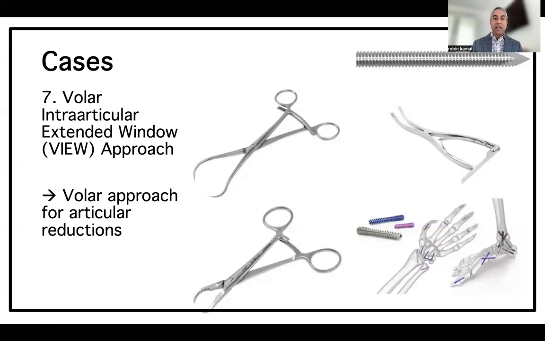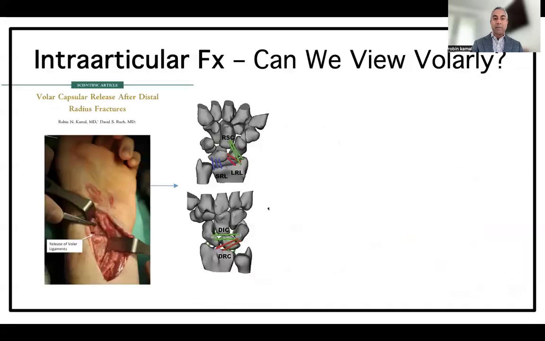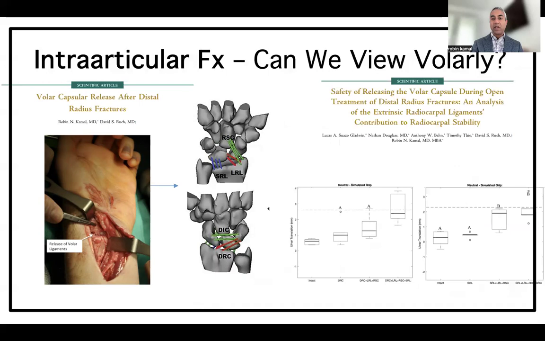Lastly, just a technique to have in your back pocket is the volar arthrotomy approach, which is an arthrotomy through the volar capsule that you can use for difficult volar approaches for difficult distal radius fractures. This question has been asked by a number of us studying first volar capsule release after stiffness and loss of wrist extension, and then eventually the safety of doing this in the acute setting and ensuring you don't get radiocarpal instability.